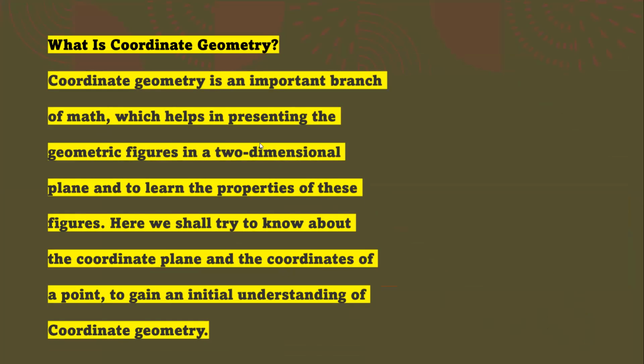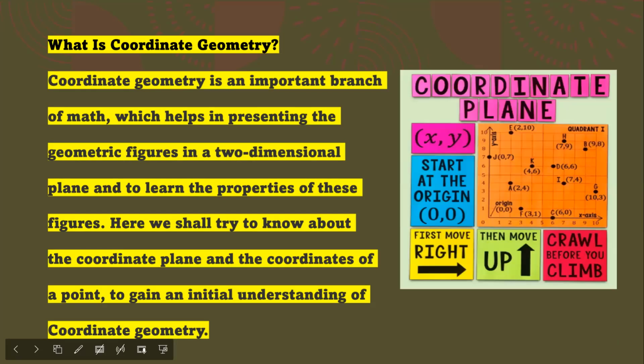Coordinate geometry is an important branch of maths which helps in presenting the geometric figures in a two-dimensional plane and to learn the properties of these figures. Here we shall try to know about the coordinate plane and the coordinate of a point to gain an initial understanding of the coordinate plane.